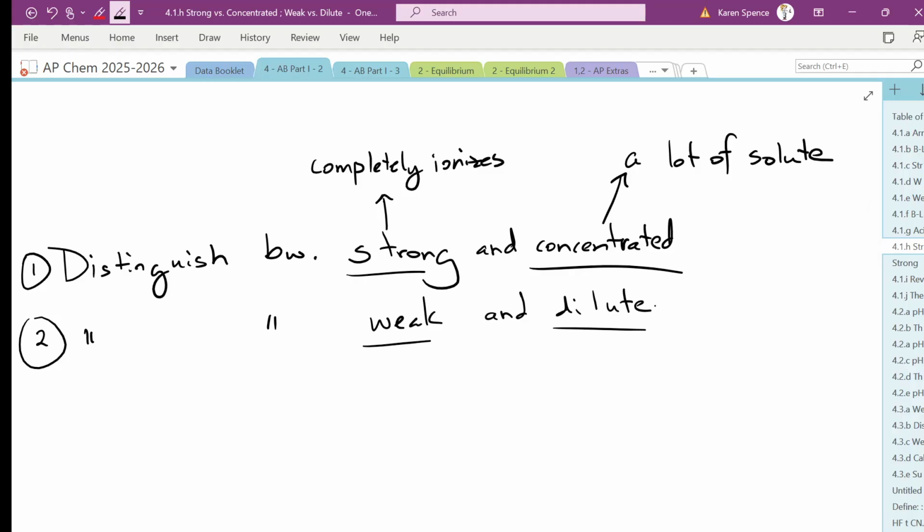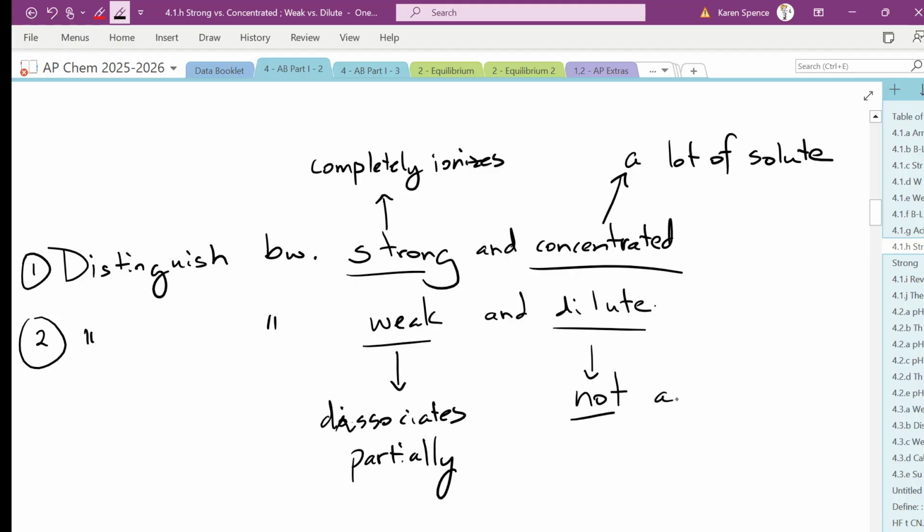Juno, would you like to do the second part for us? Dissociates partly and dilute, sorry? Yeah, not a lot of solute. So are we good with those distinctions?